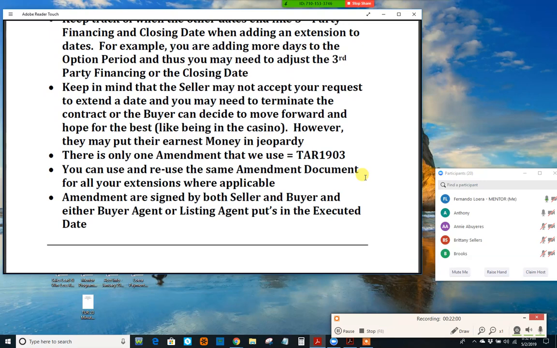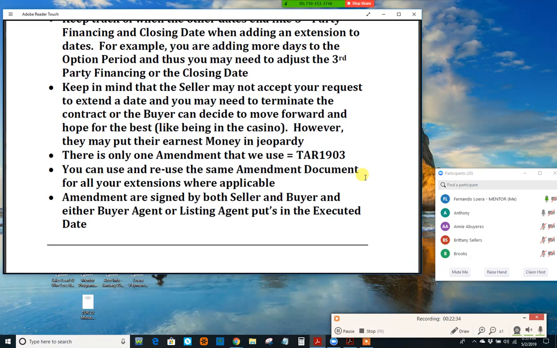Amendments are signed by both seller and buyer. Now, an example of the option period is there might be a situation where it's already 4 p.m. on a Friday and the option period ends at 5 p.m. You remember Fernando telling you in a webinar, you have to have everything in agreement before 5 o'clock.